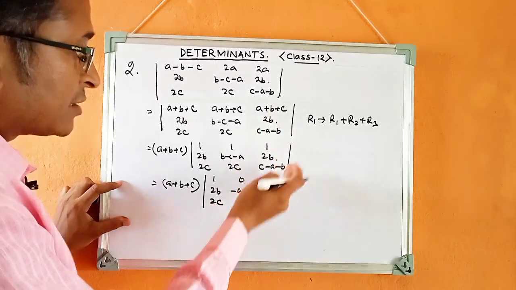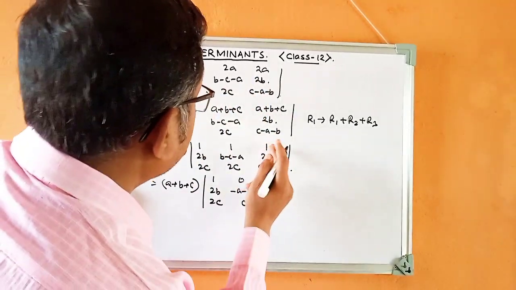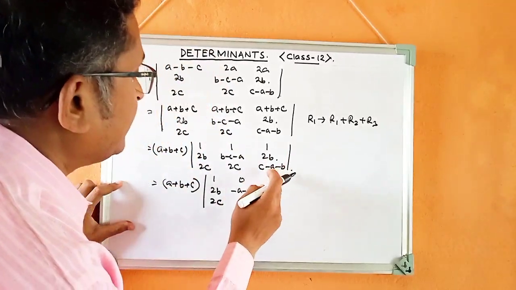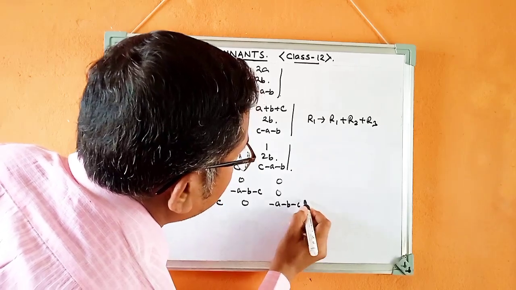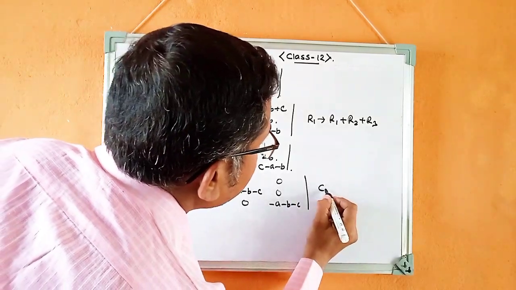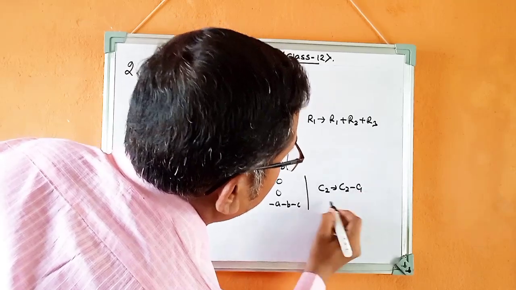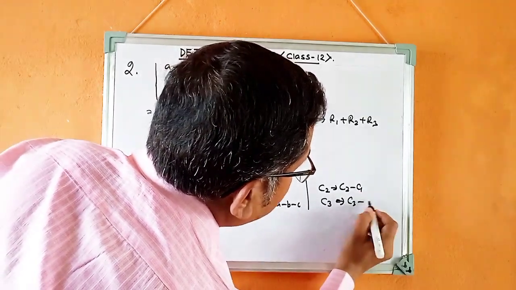Again third column minus first column, C3 minus C1: 1 minus 1 is 0, 2B minus 2B is 0. Then this minus this, so we get minus A, minus B, minus C. So C2 equal to C2 minus C1 and C3 equal to C3 minus C1.